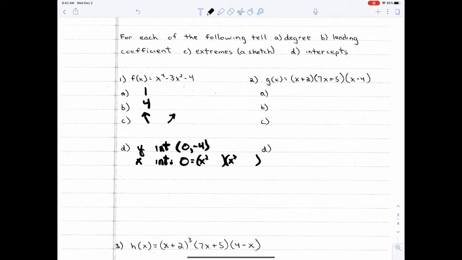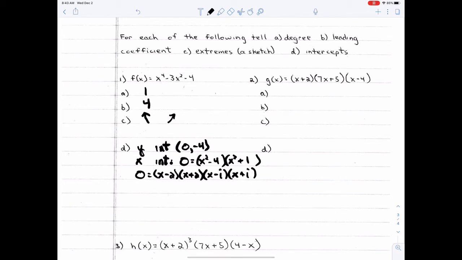What times what gives us negative 4, and positive 1. And then we can factor each of those. And we'll get x minus 2 times x plus 2, and x minus i and x plus i.